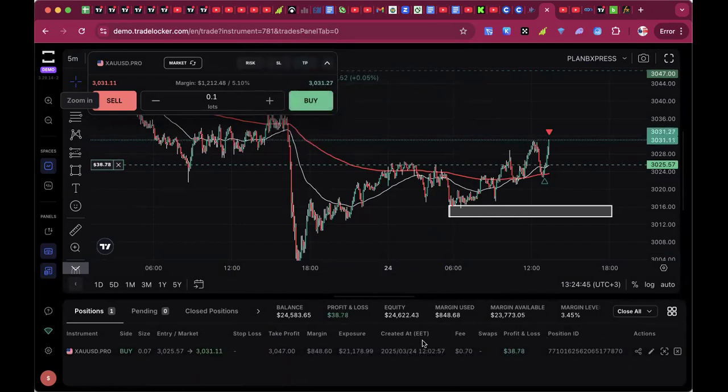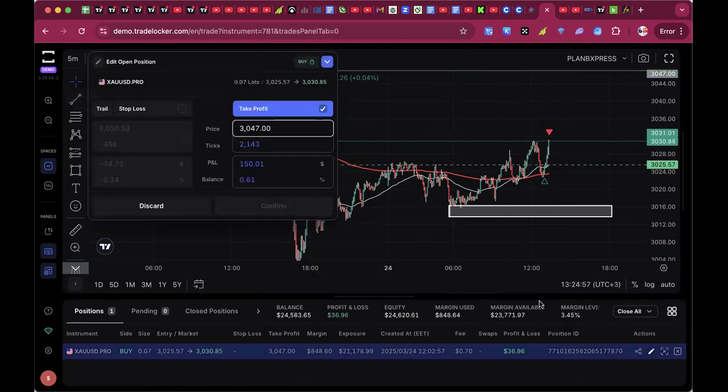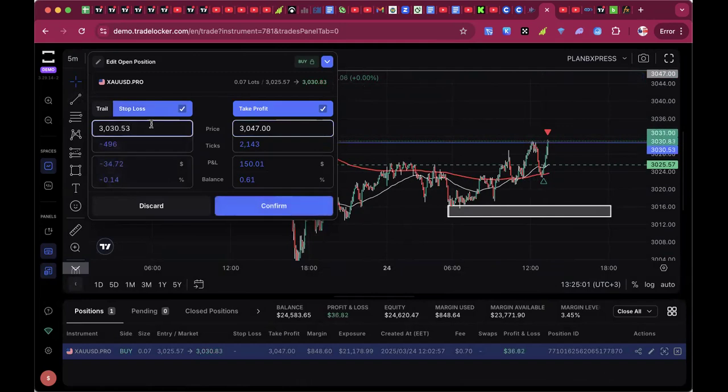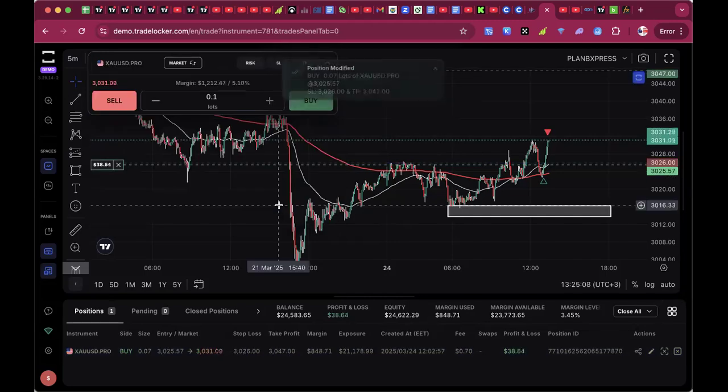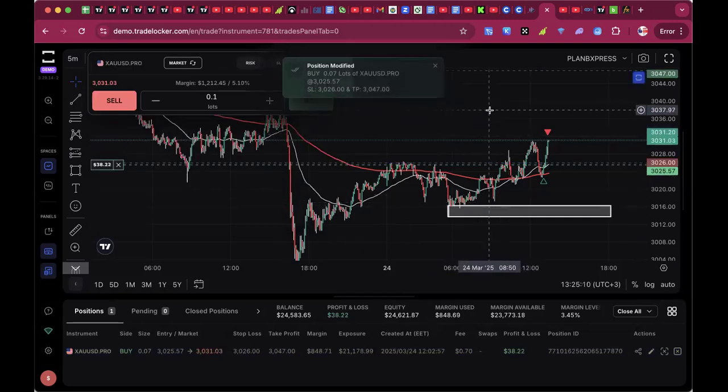So the 0.03 part has been taken. Now, another thing I can even do is this. I can now move the trailing stop loss, probably above this point, maybe 30, 26, right? So let's go here. So stop loss, 30, 26. So click OK, and you allow it to run.